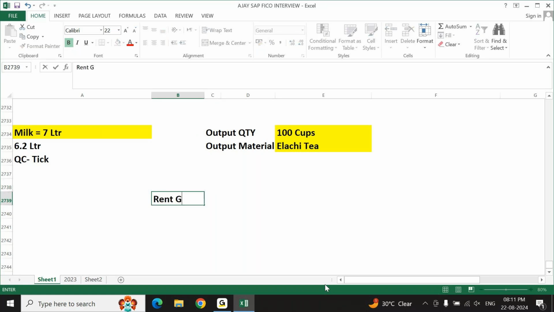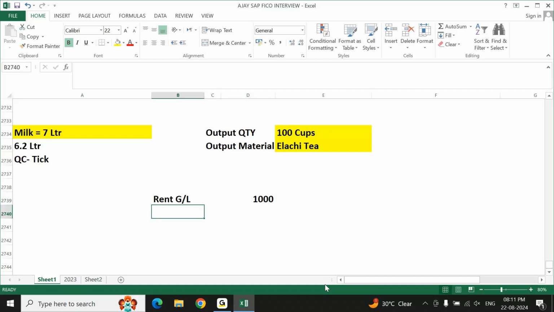It is as simple as, let's say, you take the rent GL. My total value in the rent GL is 1000 rupees. But admin cost center, finance cost center, HR cost center, I can differentiate this. Let's say 500 is here, 200 is here, 200 is here.